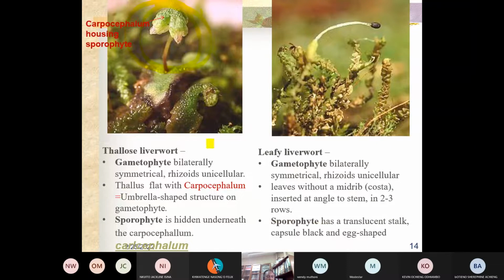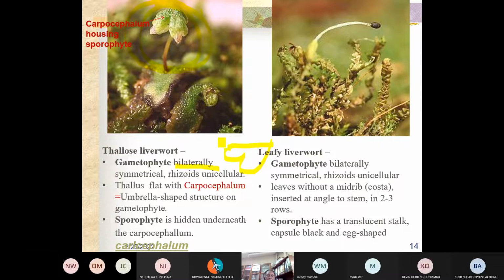So the gametophyte, you can see, well, maybe it may not be very clear, but it is bilateral. If you look at it, it looks this way. It's bilateral, so it divides into two.